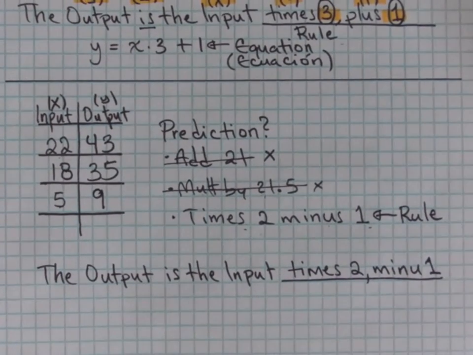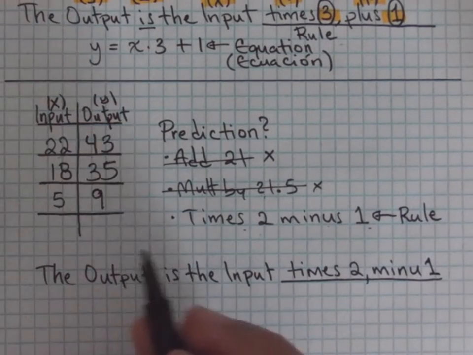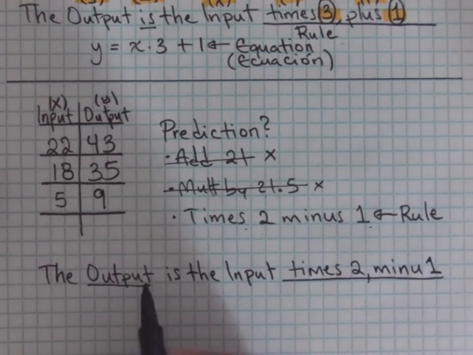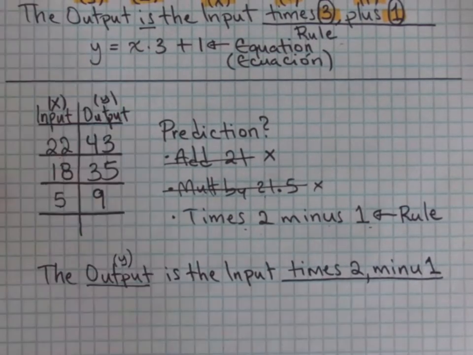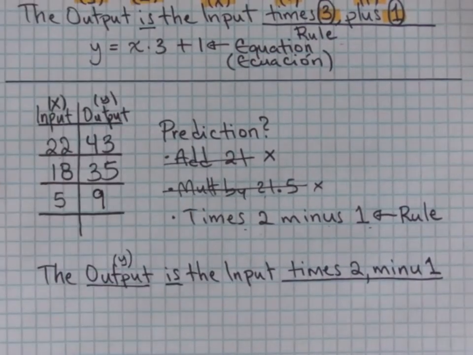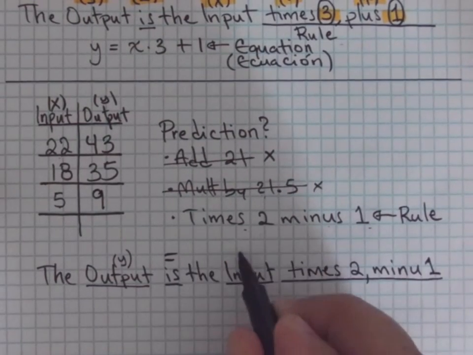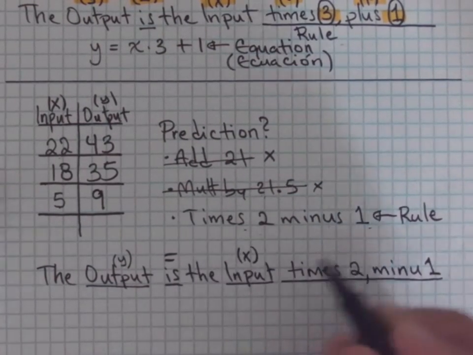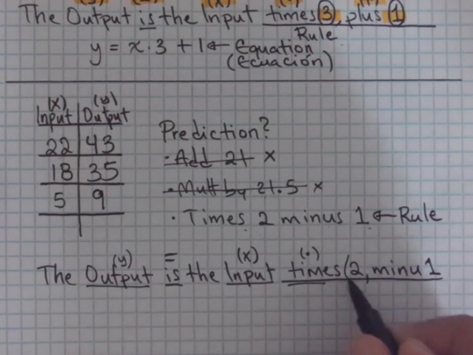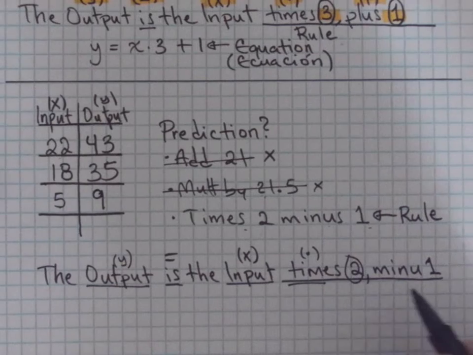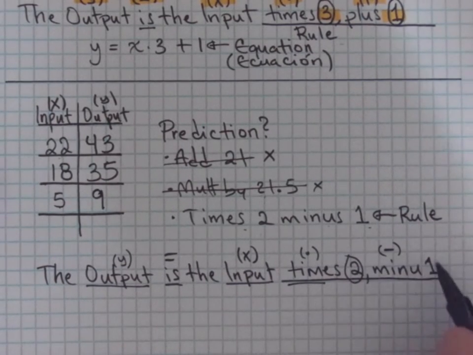All right. So, without taking too much of your time at this point in time, output, someone already nicely told me this, is input times, circle the 2, minus is exactly my subtraction symbol, and 1.